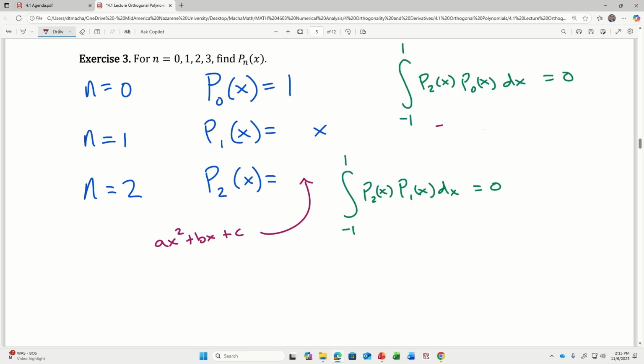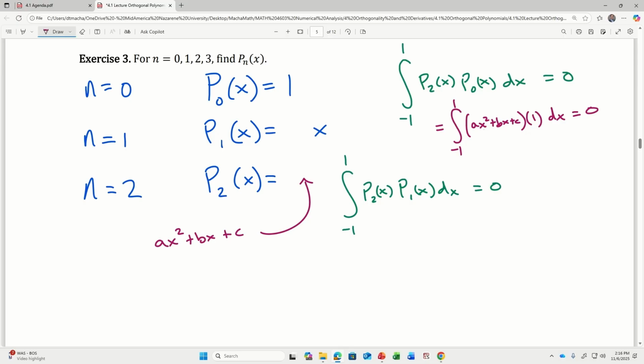So this integral becomes the integral from -1 to 1 of ax squared plus bx plus c times 1. And that has to be 0. Again, to make it equal to 0, this integrand needs to be odd, which means that I take it back.